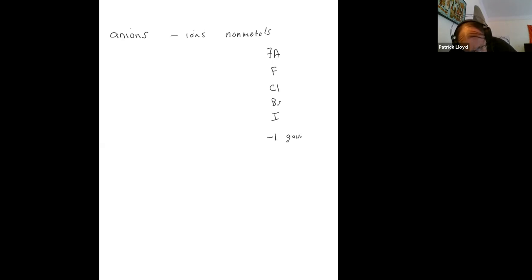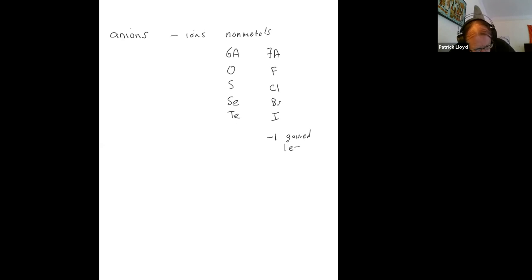So the anions are negative ions, and they tend to be the non-metals. So for example, group 7A, fluorine, chlorine, bromine, and iodine. These ones are -1. That means they gained an electron. Group 6A, oxygen, sulfur, selenium, tellurium.